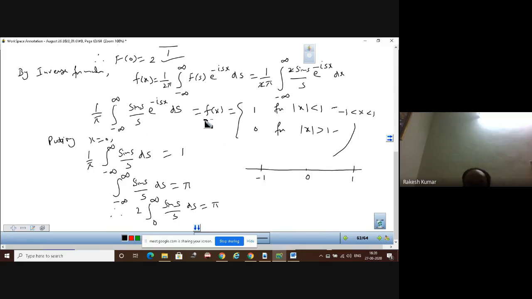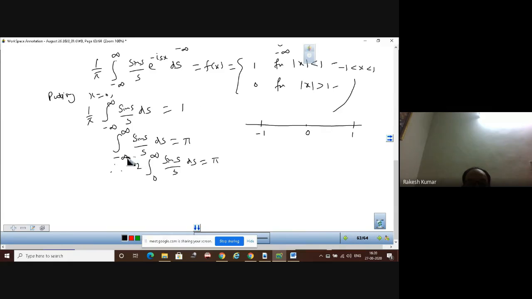How? Because it is an even function. When you see this comes out to be an even function, using the rule of even functions, we can arrive at the term like this: the integral of sin s over s ds is equal to pi by 2. The 2 is shifted to the right hand side.